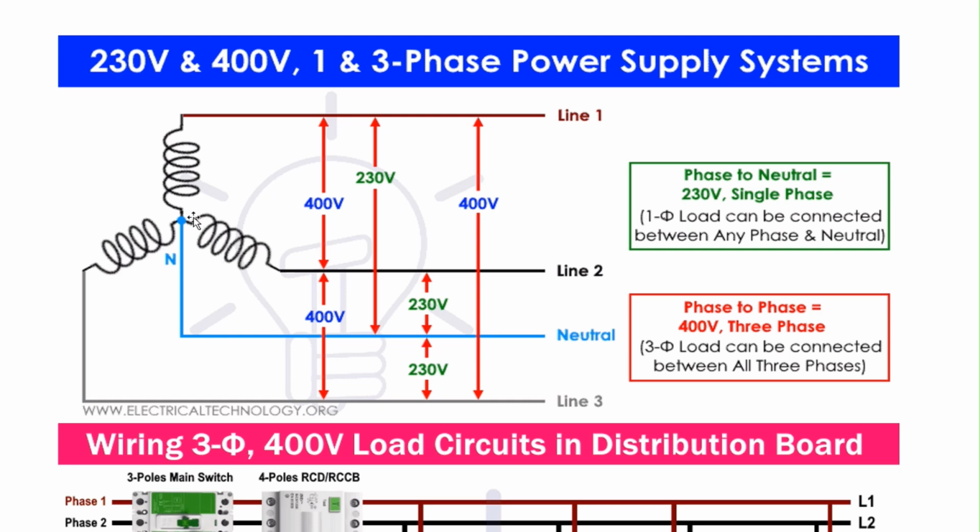But at times, for an unbalanced power supply, this neutral is not at zero voltage, and that is very dangerous for the people who are working. So this neutral is always earthed, and that is called system grounding.